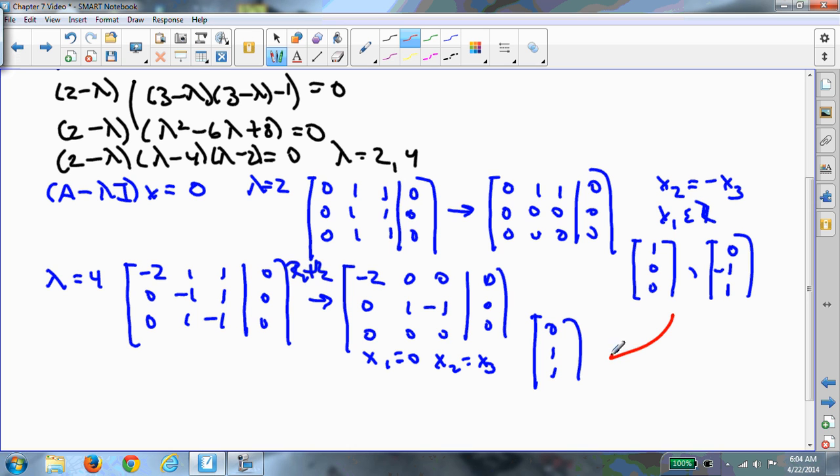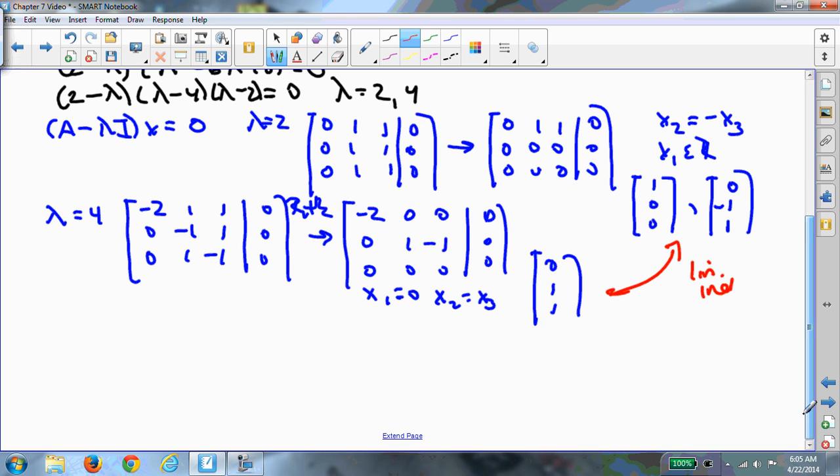So notice these eigenvectors are linearly independent of each other, and they all span R3. So that means that this particular matrix is diagonalizable, and I can define the corresponding P and the corresponding diagonal matrix. So if I were to continue, P would then equal something like, let's do it this way: rows 1, 0, 0; 0, 1, 1; 0, negative 1, 1.